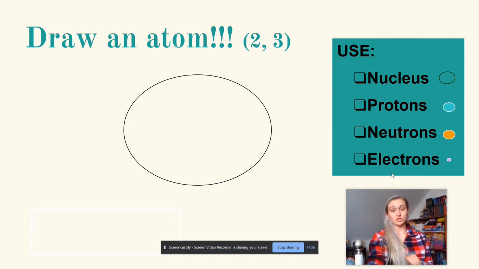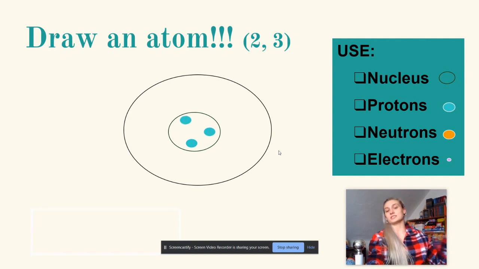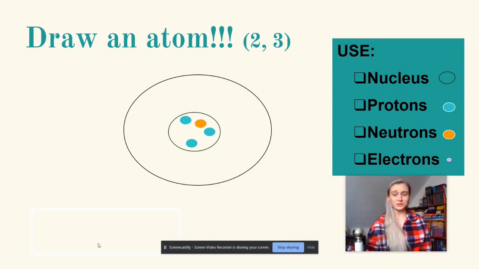So first we're going to do the nucleus. Come on. There we go. The nucleus is in the middle of the atom, right? And what's in the nucleus? Protons! Next, what's in the nucleus? Neutrons!